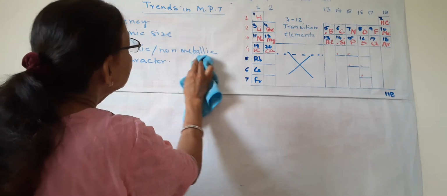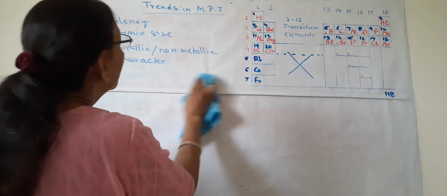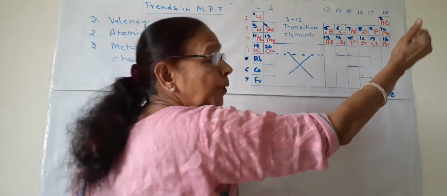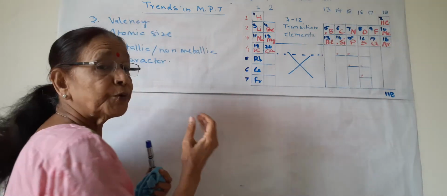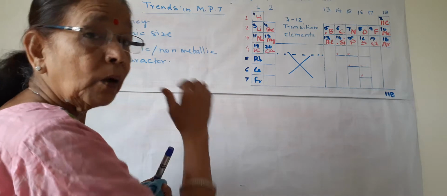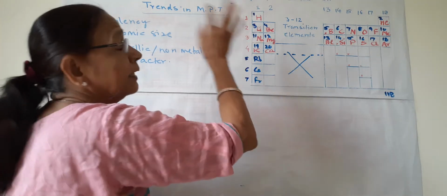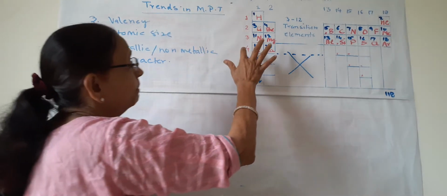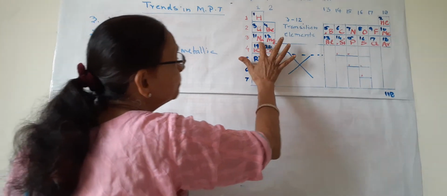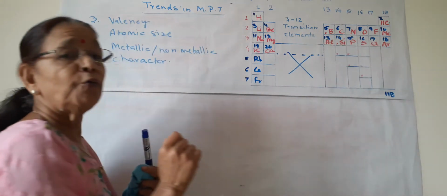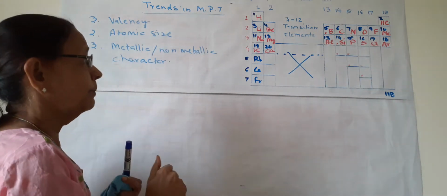Now what is the size of the atom as we go down the group and as we go from left to right along a period? So first of all we see, suppose I have taken the third period for example, and I am going from sodium to argon or sodium to chlorine and want to determine the atomic size.